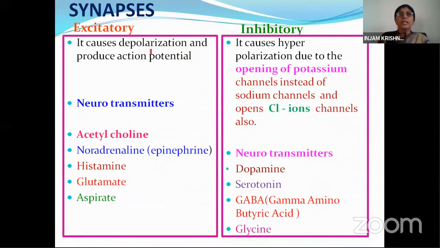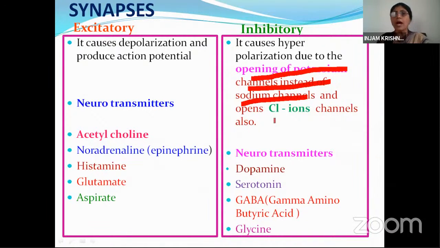See the differences, excitatory and inhibitory. Excitatory causes depolarization and produces an action potential; it is normal. Inhibitory causes hyperpolarization due to the opening of potassium channels and chloride channels instead of sodium channels. If the potassium ion channels also open, what will happen?